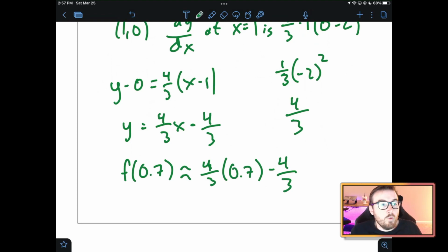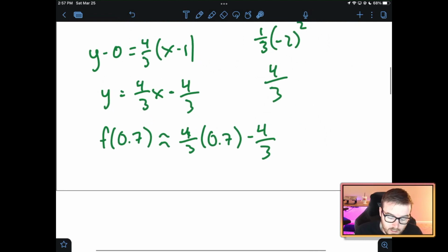And again, especially on the non-calculator portion, when you don't have a calculator at your side, you're done, right? They were very direct. Use that tangent function to approximate.